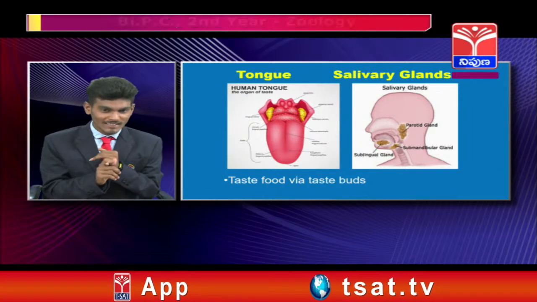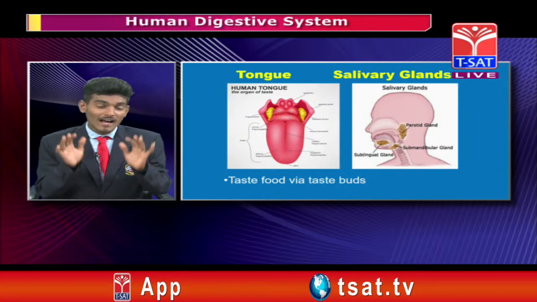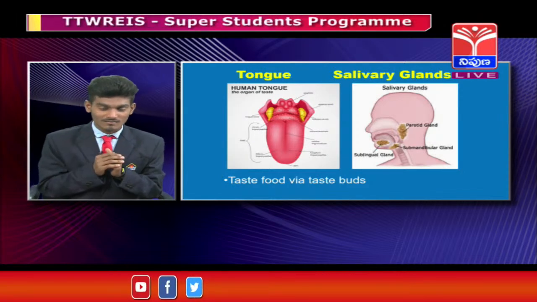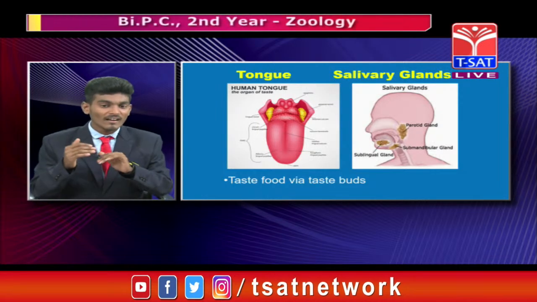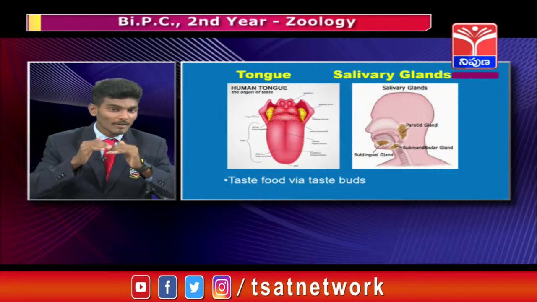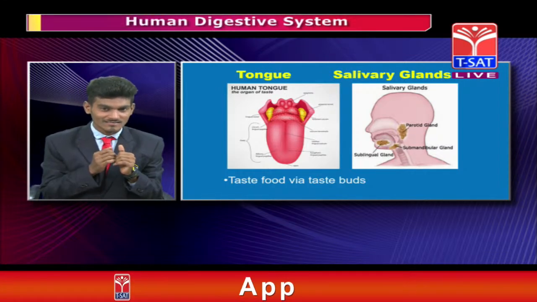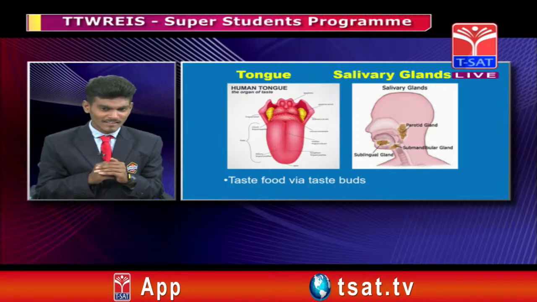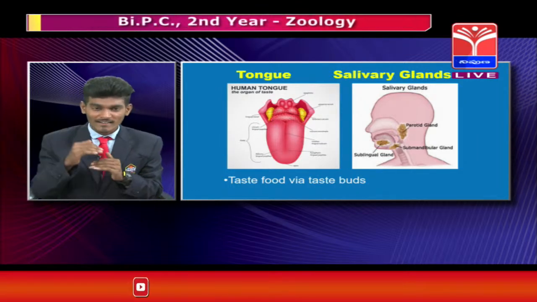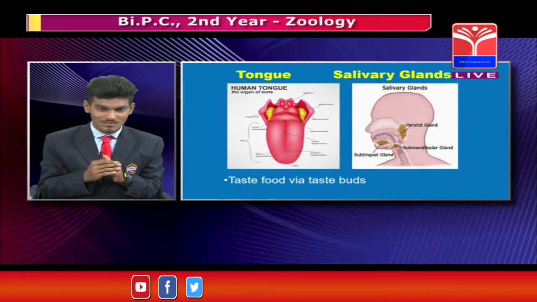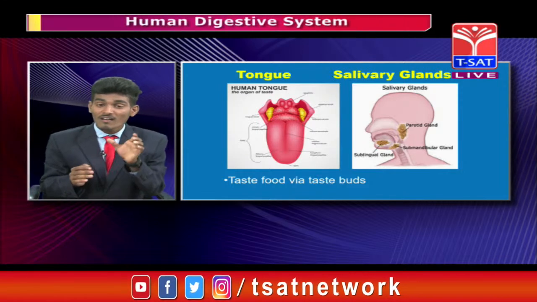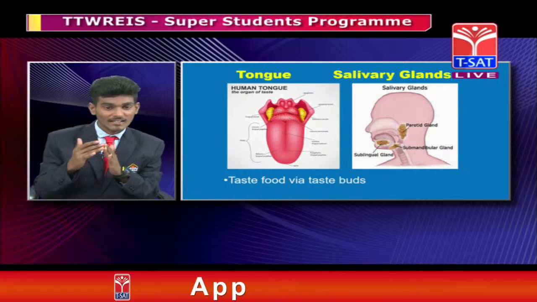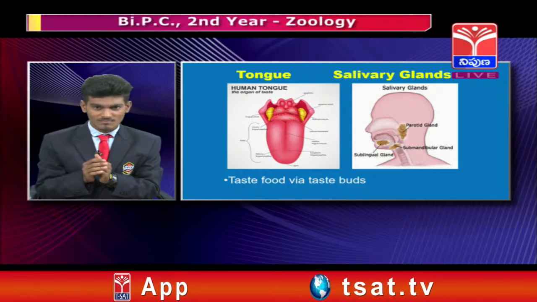First, the parotid gland is present at the surface of the ear. The sublingual gland is present below the surface of the tongue. The submandibular gland is located below the jaws, and the salivary glands secrete saliva juice.